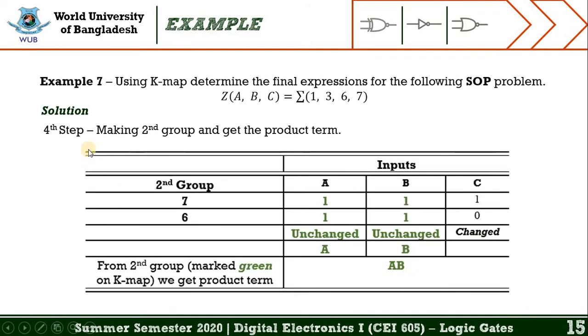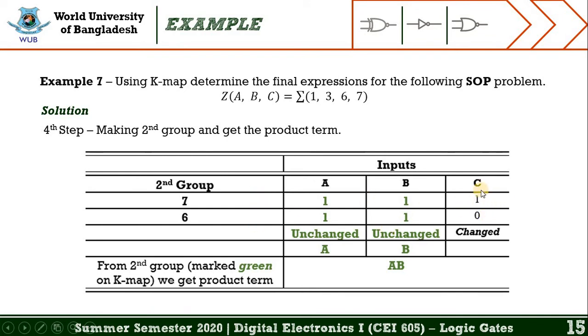The fourth step is making the second group. As we already know, we get 2 groups from the K-map. The first one is clear, and we already have its product term. Here is the second group, which is 7 and 6. 7 represents 111 and 6 represents 110. From this table you get a clear idea: the input C changes when it goes from 7 to 6.